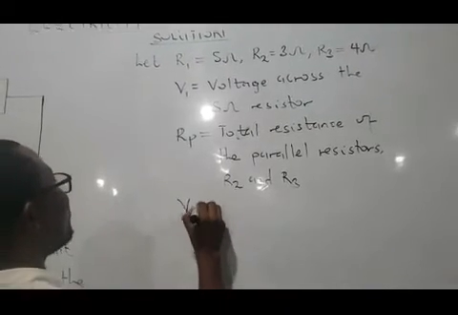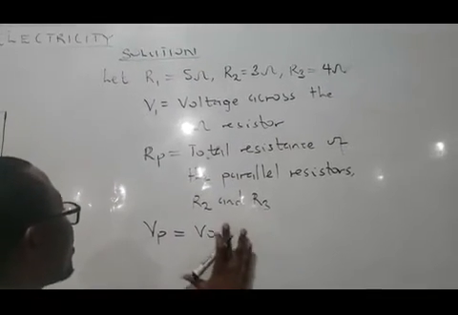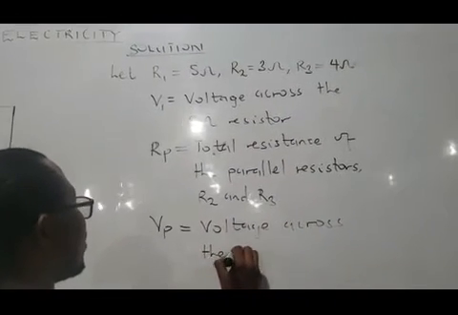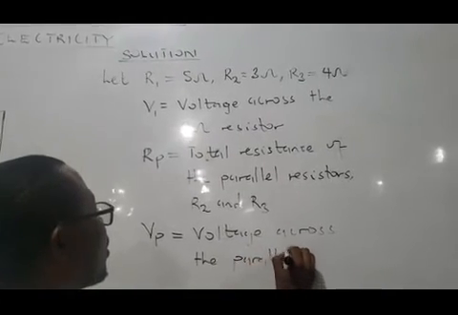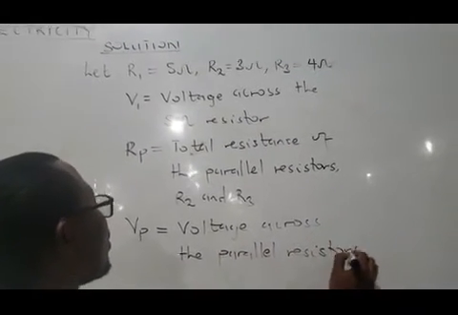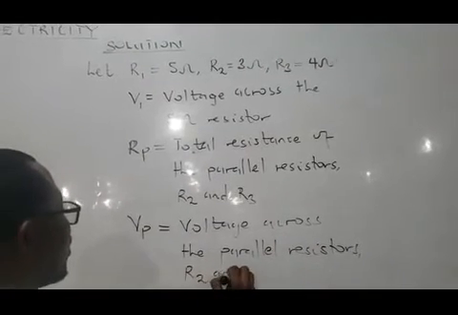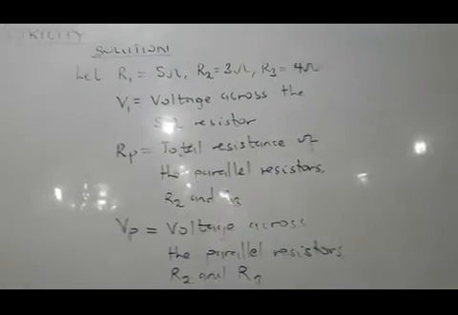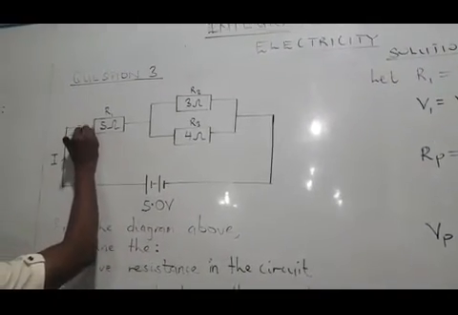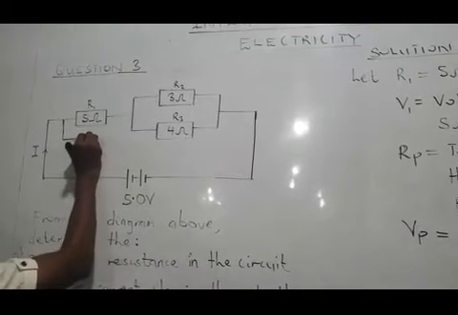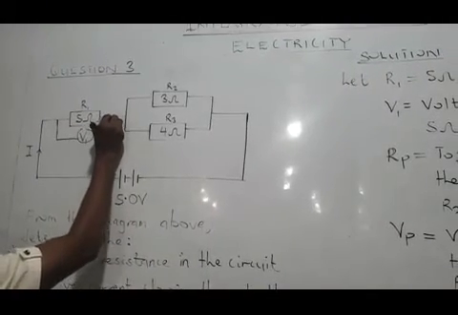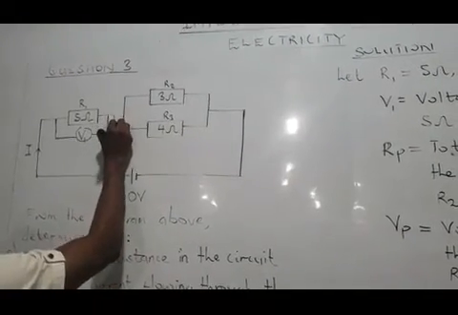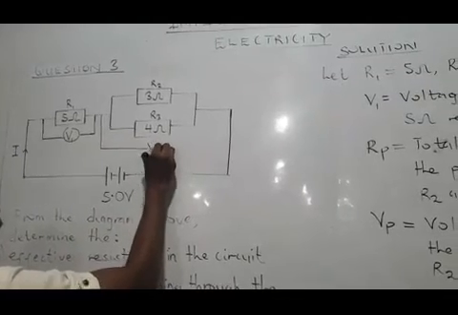And then let's also say that VP is equal to the voltage across the parallel resistors. So from that definition, the voltage across this resistor is what we call V1, and the voltage across the two parallel resistors is what we are calling VP.